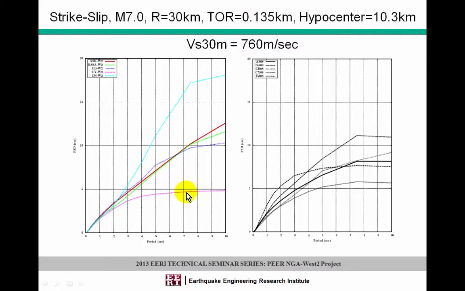There is a big range now, and this is one of the takeaway points from my presentation: if you look at individual models and how they changed from 2008 to the current NGA West 2 models, you can see large differences for certain scenarios or certain cases. However, I'll show in a couple of slides later, if you look at the average among the 5 from 2008 to the new versions, there isn't that significant of a difference.